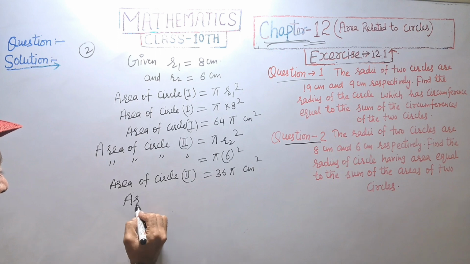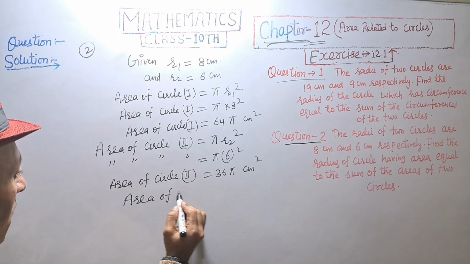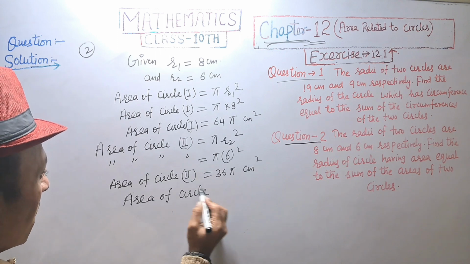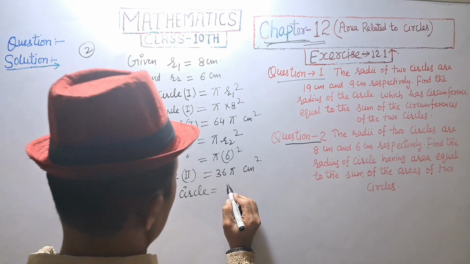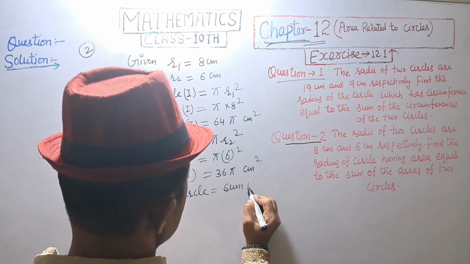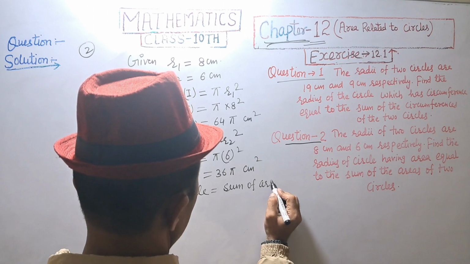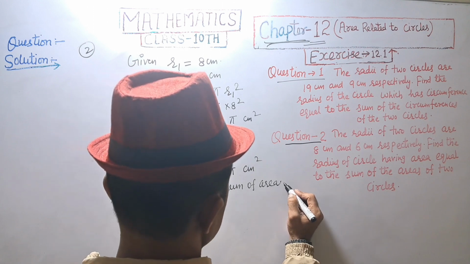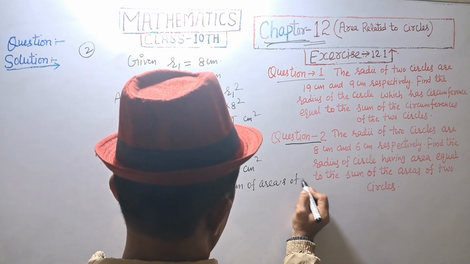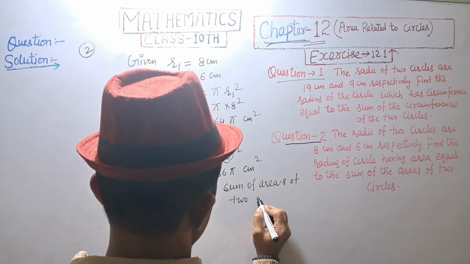Area of the circle is equal to the sum of the areas of the two circles.